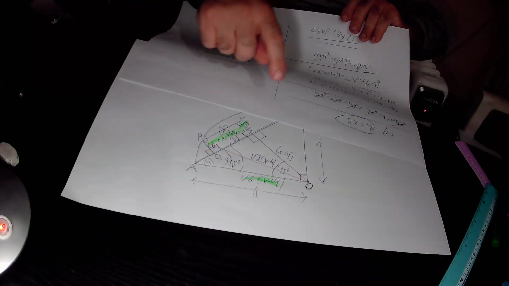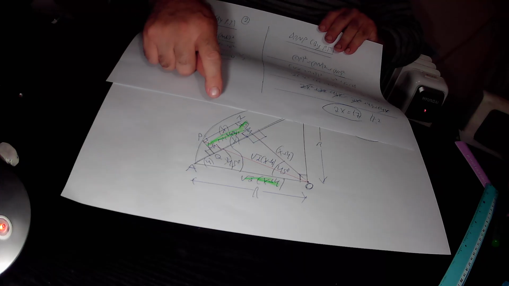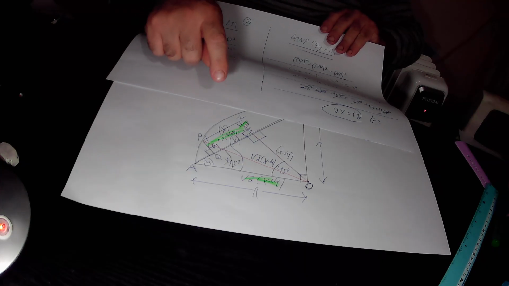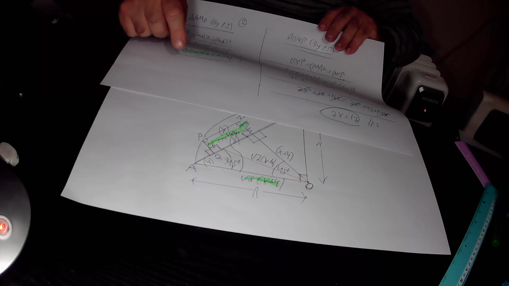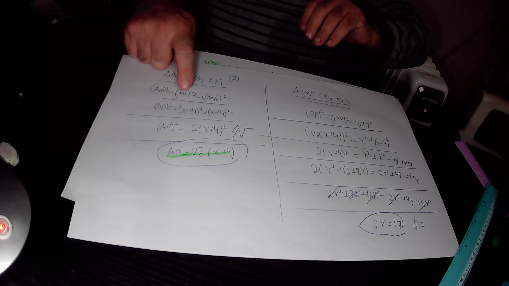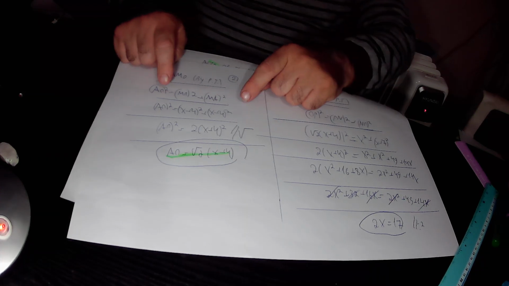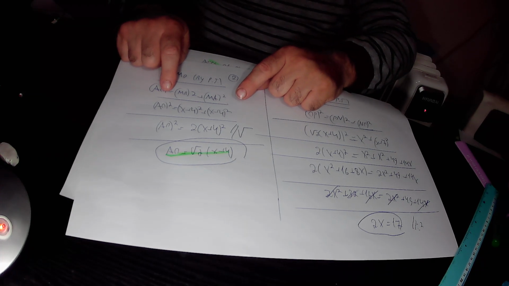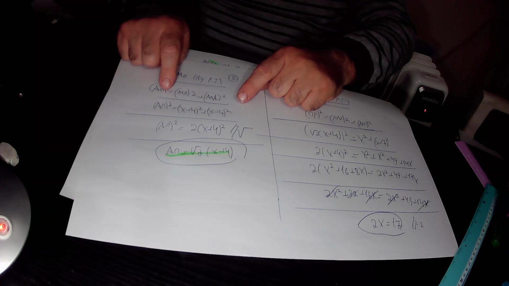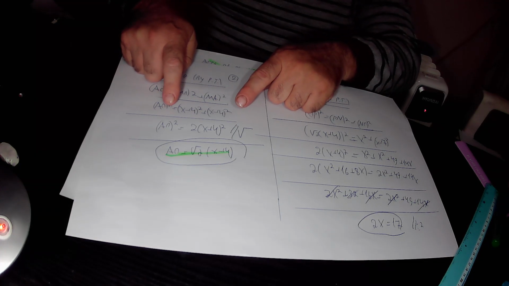AO is the missing side. MO is x plus 4, and therefore MO squared is x plus 4 squared, plus AM squared, which is also x plus 4 squared. So AO squared equals x plus 4 squared plus x plus 4 squared, which is 2 times x plus 4 squared.